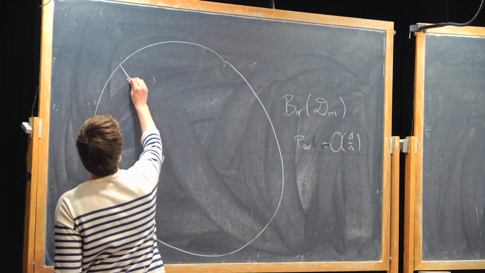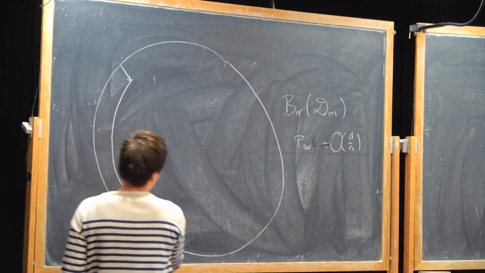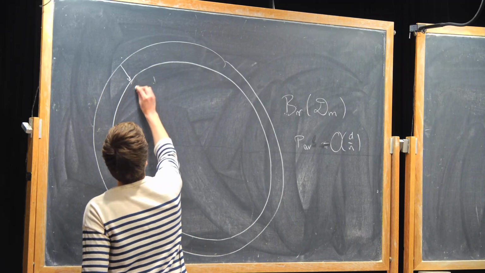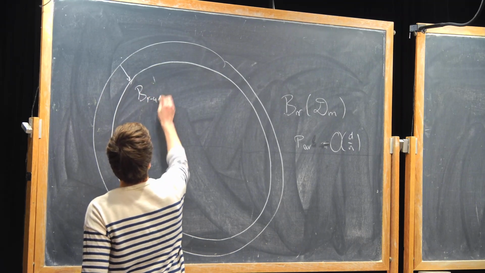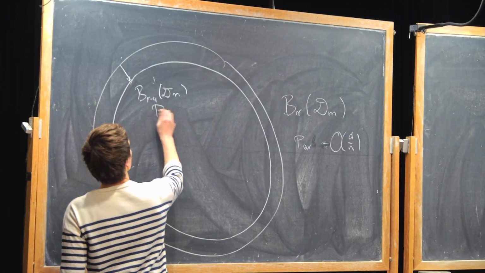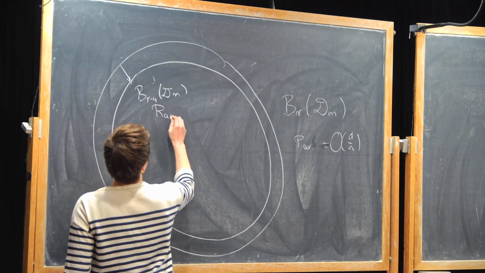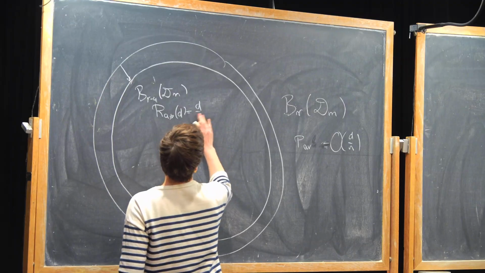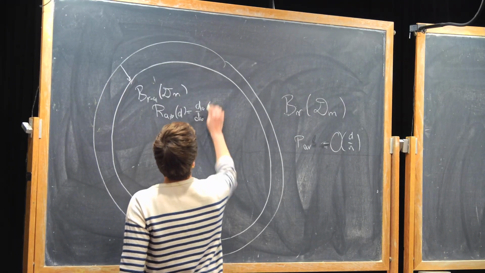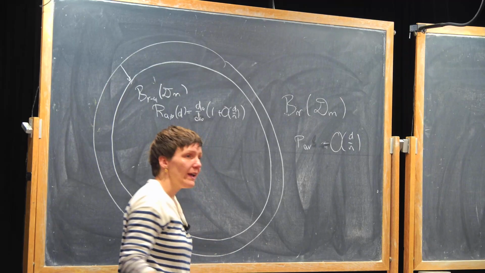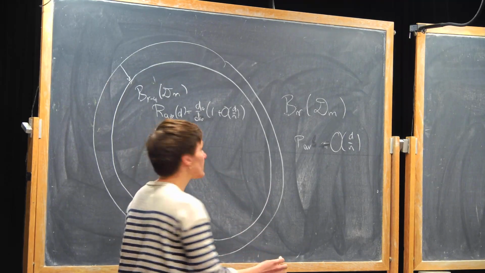And then what we got is that if you move down to B_{R-4} of dm, on this set you get the ratio R_AB of D to be dA over dB times 1 plus big O of D over N. Okay, and then we move down once more.